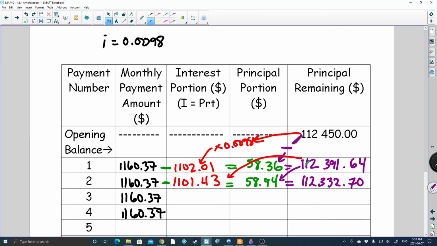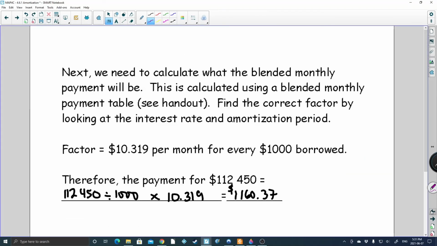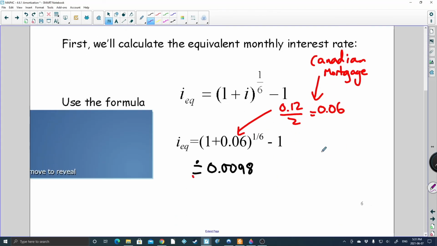So for a Canadian mortgage, you have to calculate your equivalent interest amount using the semi-annual compounding frequency of a Canadian mortgage, take your interest rate as a decimal, divide it by 2, sub it into this formula. That's going to give you your new equivalent interest, pretending that we're doing things monthly so that the math all works.